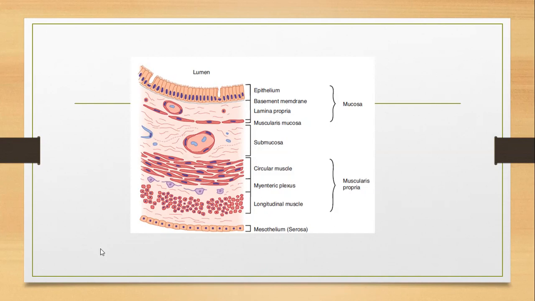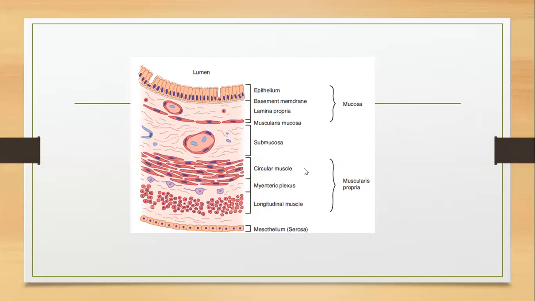So this arrangement is usually found between the submucosa and the circular muscles, and we form what we call the Meissner's, or you can say the submucosal plexus. This plexus is a network of neurons which form part of the enteric nervous system.